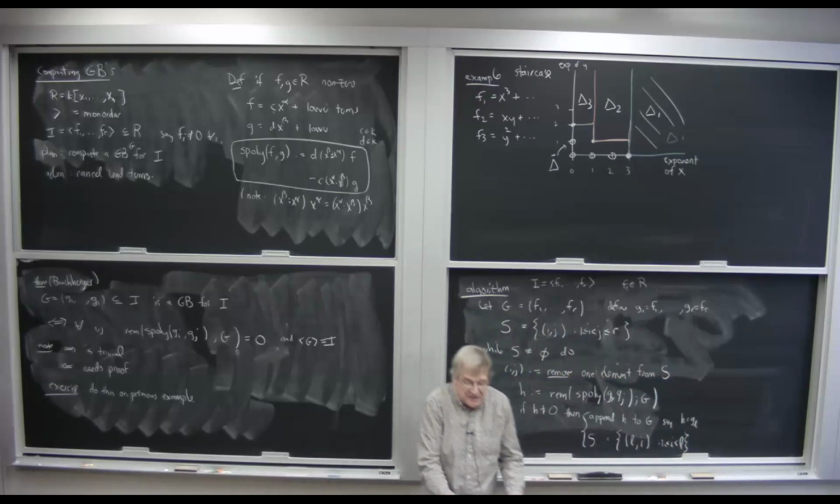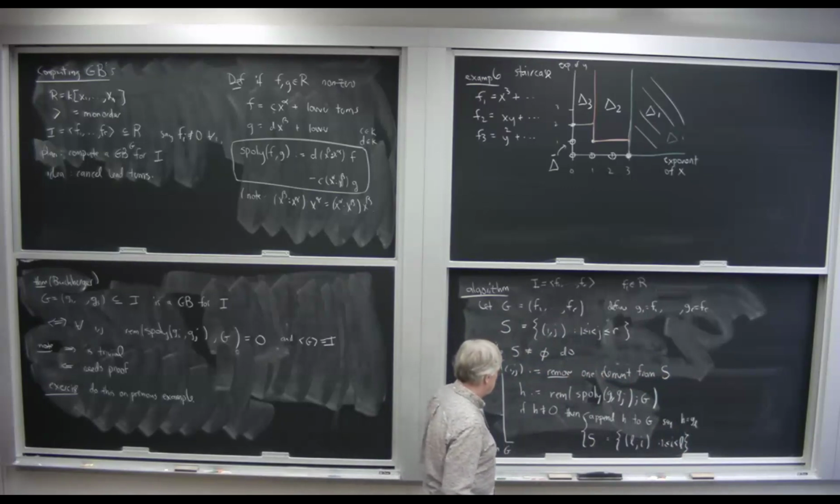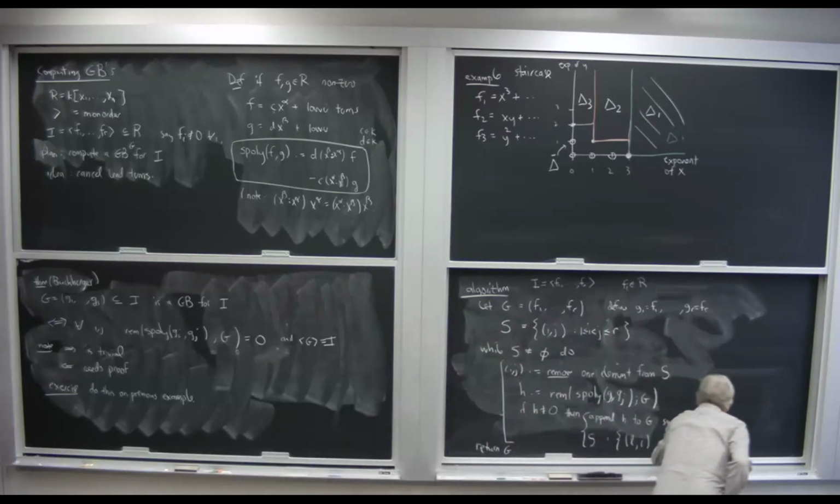This looks like a horrendous thing to do. But anyway, this is the loop, and then at the end you return G. In reality, you probably want to make it minimal, but that's it. Sorry, this is union S, you're right.